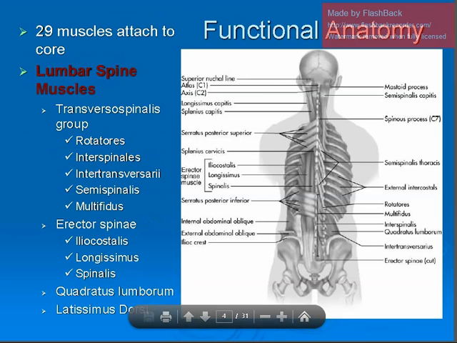If you look at the functional anatomy, there are about 29 muscles attached to the core. The lumbar spine muscles: the transversospinalis group, the rotators, interspinalis, intertransversi, semispinalis, multifidus, erector spinae, iliocostalis, longissimus, spinalis, quadratus lumborum, latissimus dorsi.